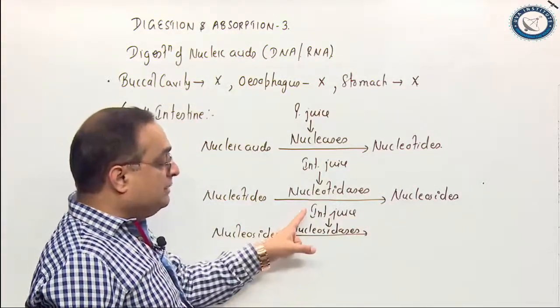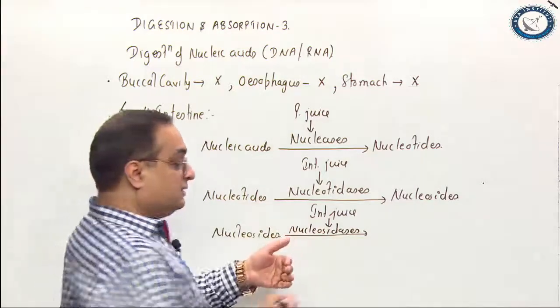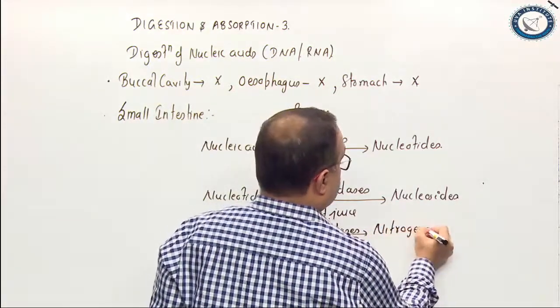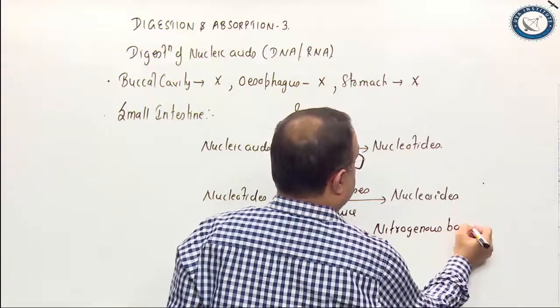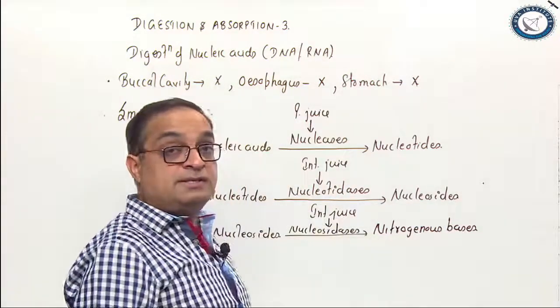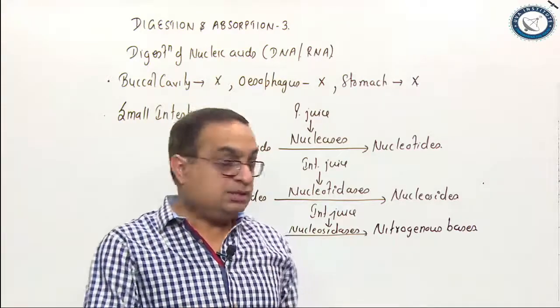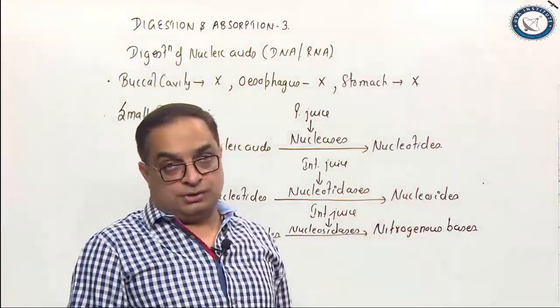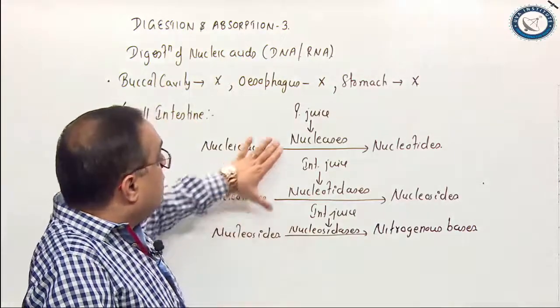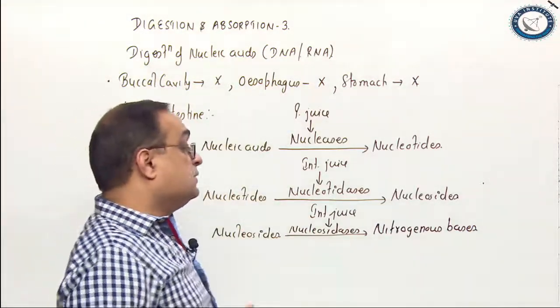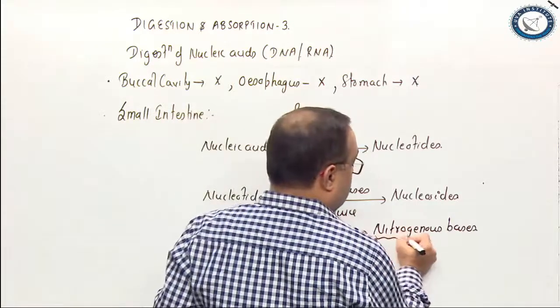Nucleosides are acted upon by enzyme nucleosidases to form nitrogenous bases. You know nitrogenous bases? Purines, pyrimidines, adenine, guanine, thymine, cytosine, and along with the sugar, right? So this is how the nucleic acid digestion is completed in the small intestine. So what are the end products of nucleic acid digestion?